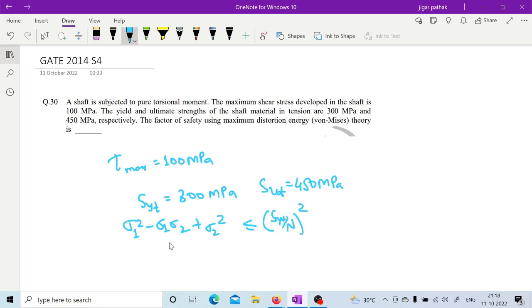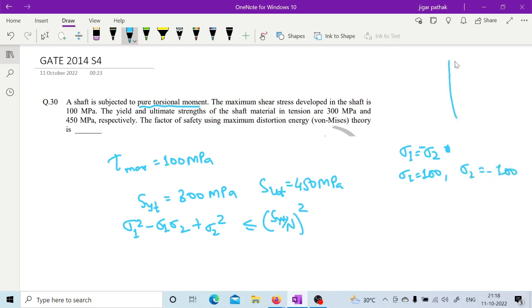So if you are going to put the values, see here it is under pure torsion, means pure shear. It means what? That sigma 1 is equal to minus sigma 2. So it means that sigma 1 is equal to 100 and sigma 2 is equal to minus 100.